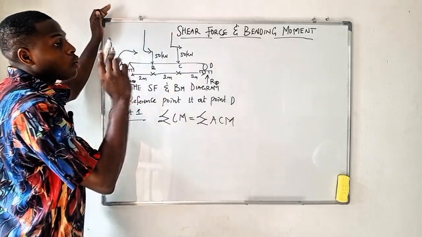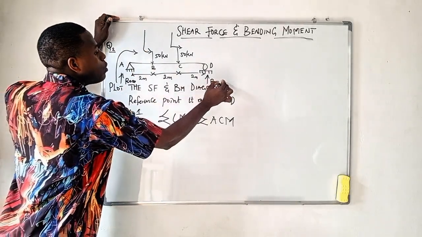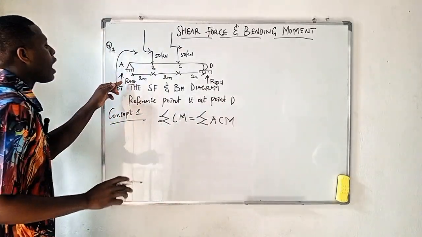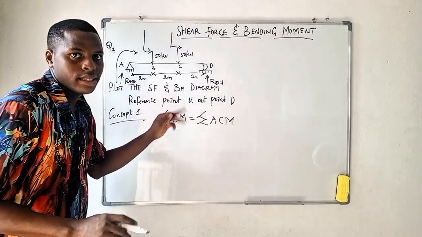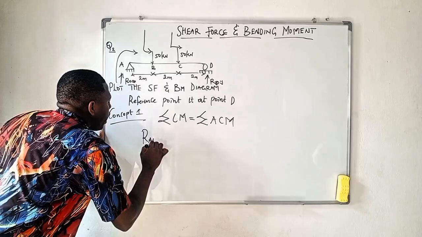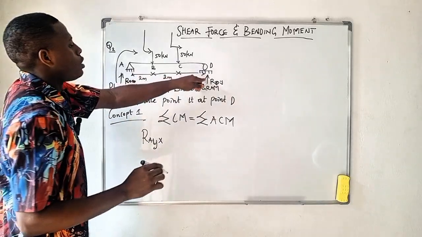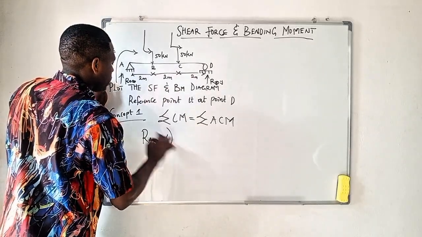For your clockwise moment, we have RAY and RDY with respect to their distance, because that is moment. So we have RAY times the distance from this point to this point, so you're adding 2 plus 2 plus 2, which is 6.